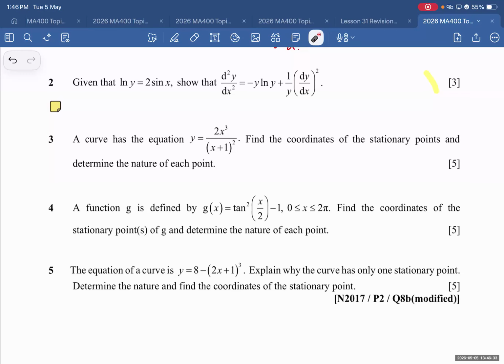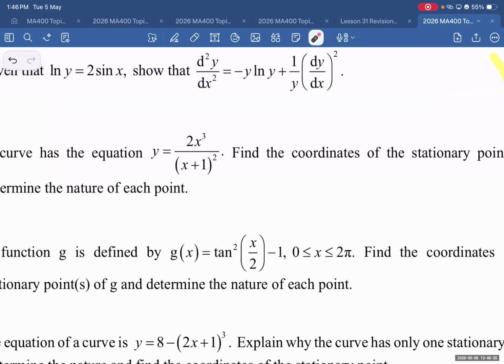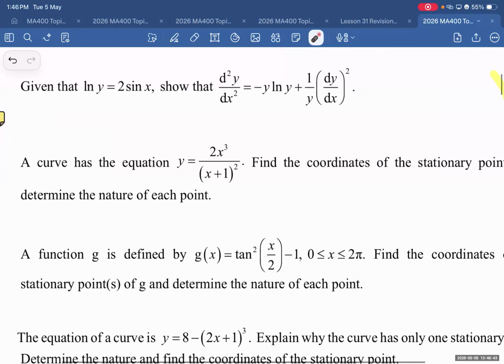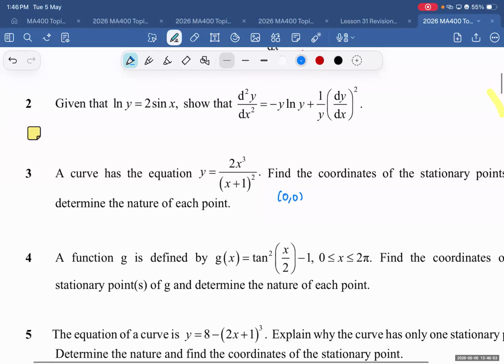Question 3. May I just remind you, first derivative test, make sure you include your number and your sign. Second derivative test cannot show stationary point of inflection. So 0, 0 is a stationary point of inflection.